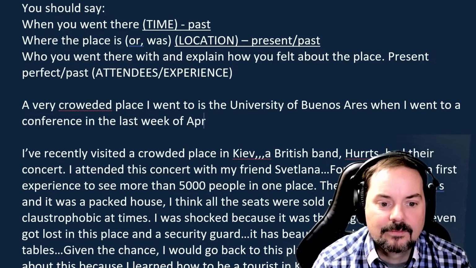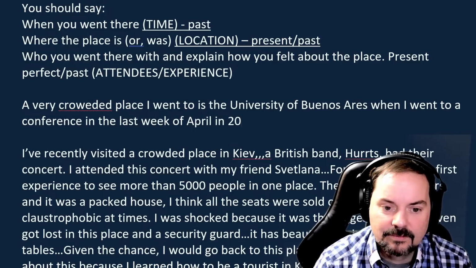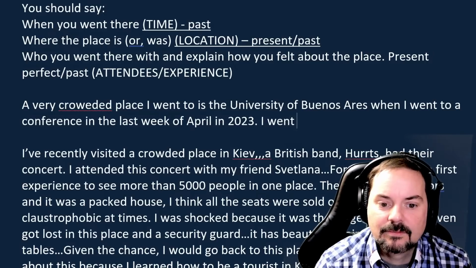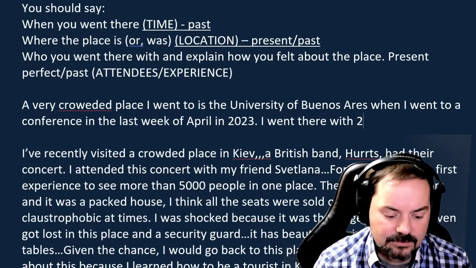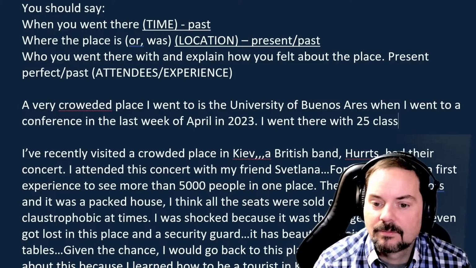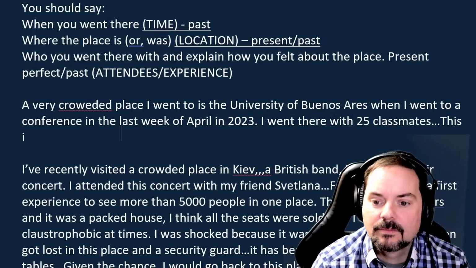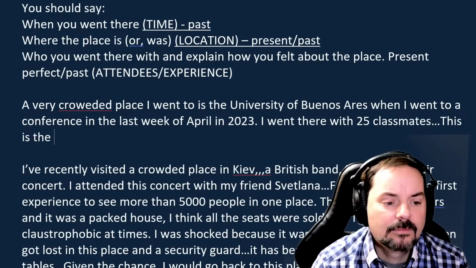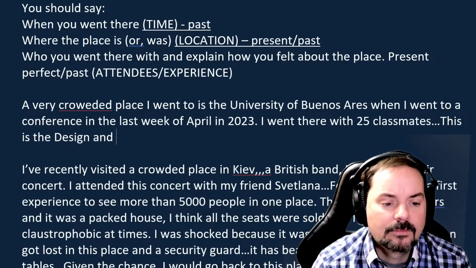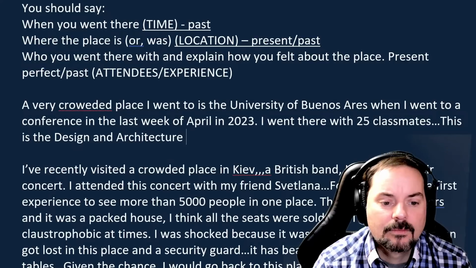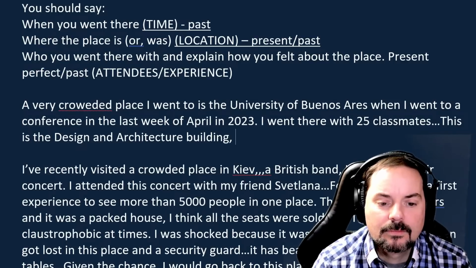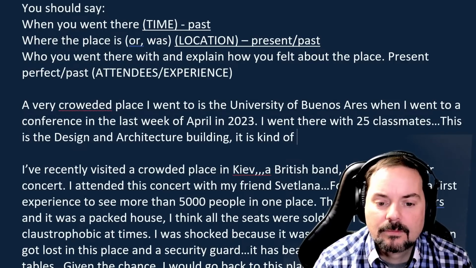Well, this particular building is the Design and Architecture building. It is located in the outskirts of Buenos Aires, close to the airport and to the River Plate Stadium. The shape of the building is kind of like a cube. It's about 100 by 100 meters and 3 stories tall.